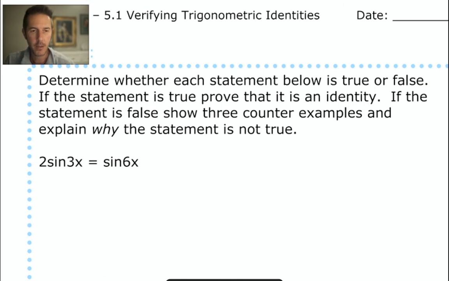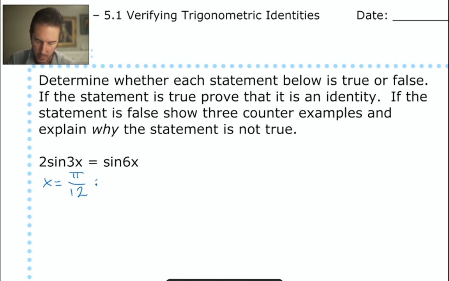Now I'm going to try a different x value. Let's say maybe x equals, I don't know, I'm thinking pi over 12? Maybe I'm crazy. Definitely I'm crazy. Let's try it.